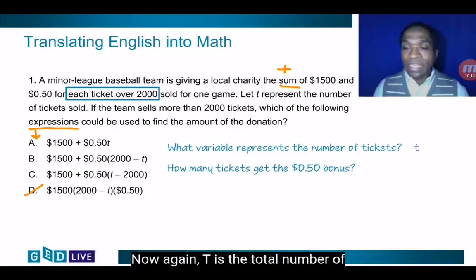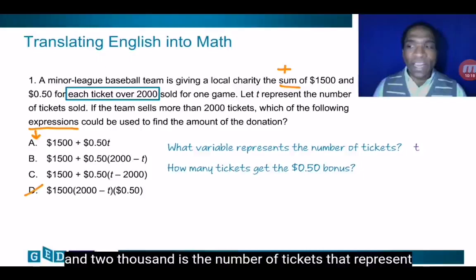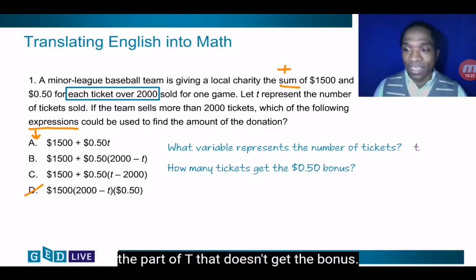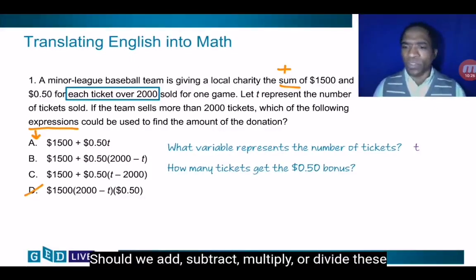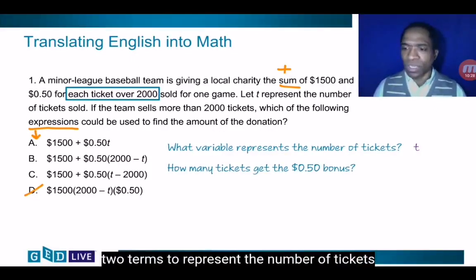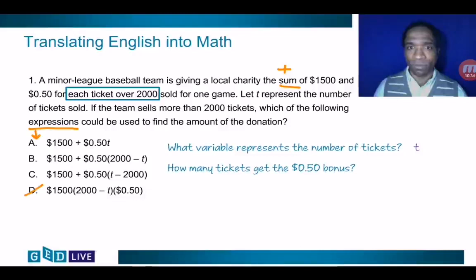Now, again, T is the total number of tickets sold. So if T is the total and 2,000 is the number of tickets that represent the part of T that doesn't get the bonus, should we add, subtract, multiply, or divide these two terms to represent the number of tickets that get the 50-cent bonus?